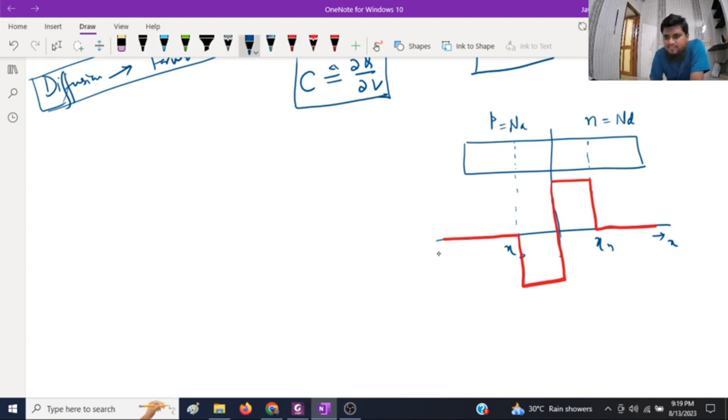If you would be deriving the same equation for a linearly graded junction, the equations will be different. So what is the charge density over here? That will be E into Na. On this side, it will be E into Nd. So this is the charge density, okay, per centimeter cube.